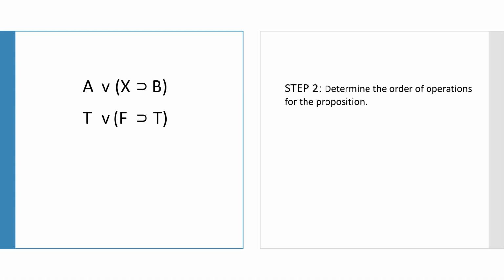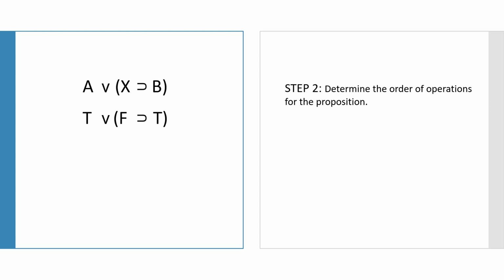So the next step in all of this is to determine the order of operations for our proposition. And this is an extremely important basic idea for understanding all of this. In the end, I need to figure out the truth values of each and every operator in the statement. And the order of operations tells me which thing I have to do first. Where do I start solving for this entire equation?